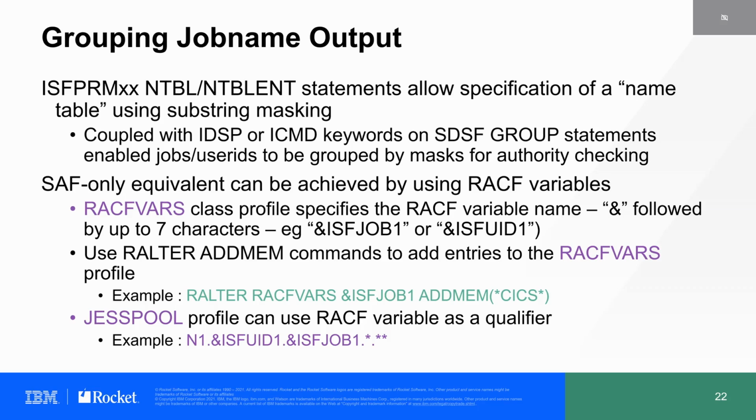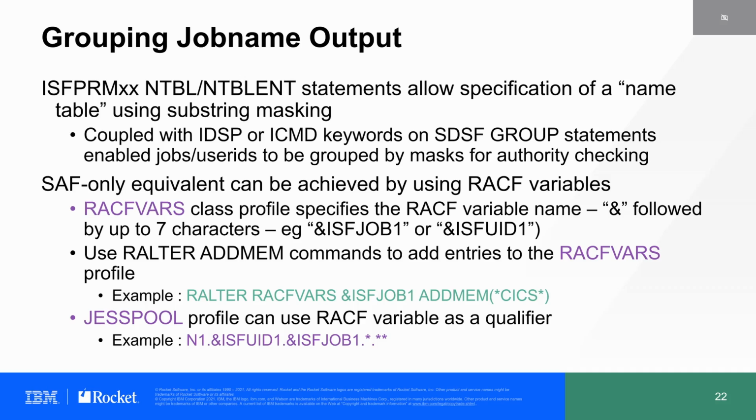So there is a class called RACFVARS, and inside RACFVARS, you can create profiles that start with an ampersand followed by up to 7 characters. And then you can use the ADDMEM function of RALTER to add entries to these RACFVARS profiles.